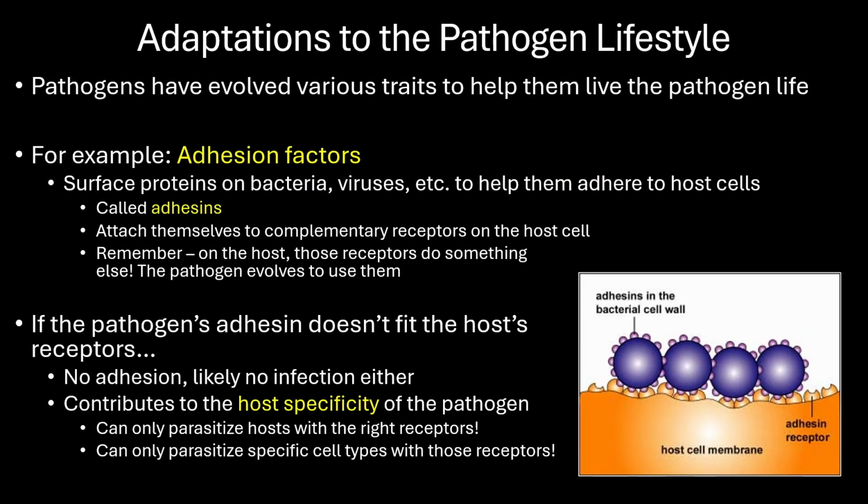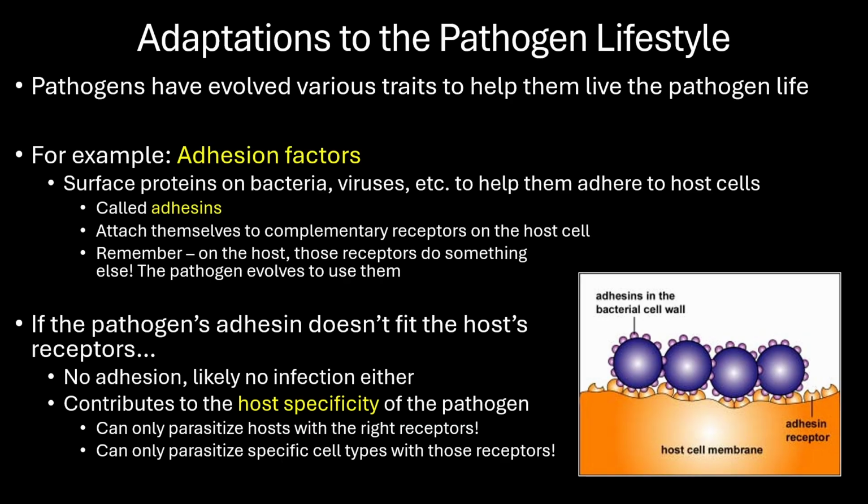To do this, pathogens have evolved many different traits to help them live this pathogenic lifestyle. For example, a lot of bacteria and viruses have special adhesion factors that allow them to grab hold of and attach to a surface. These are called adhesins.